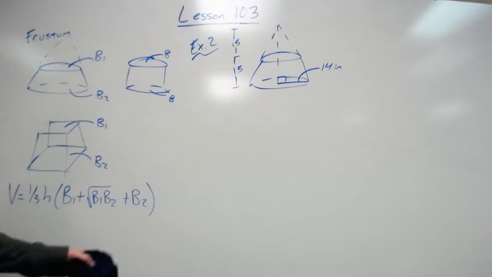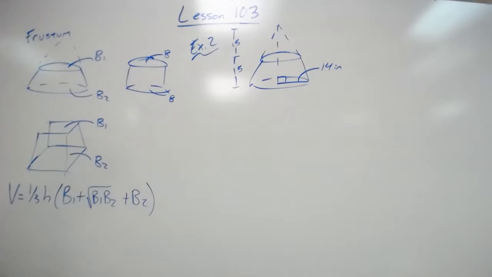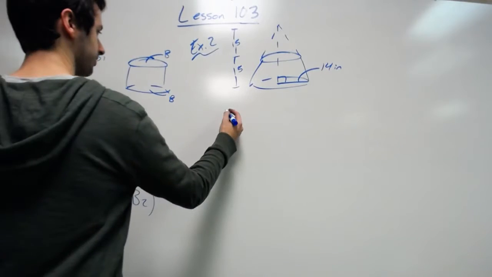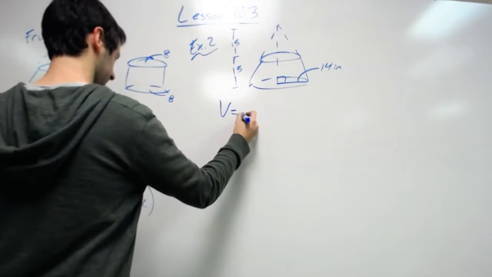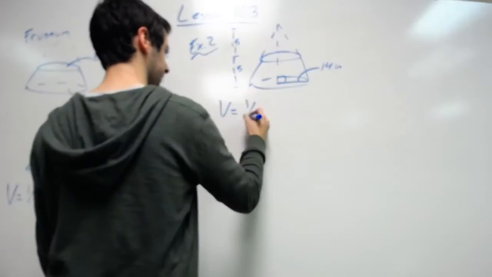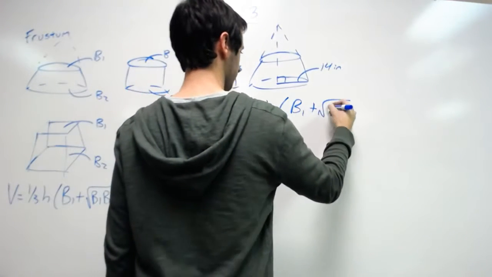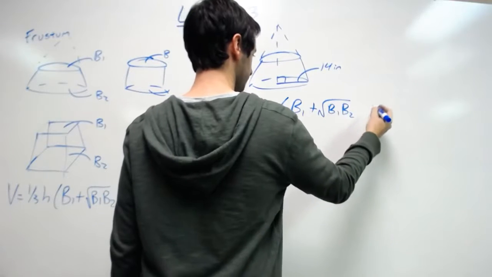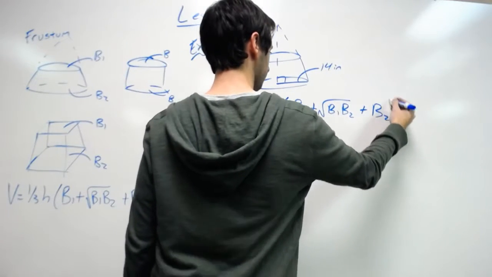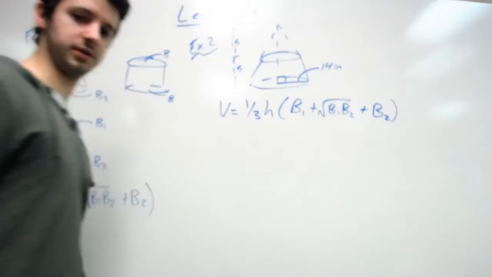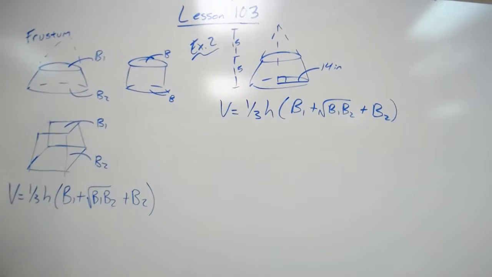So let's look at an example. Example 2 wants us to find the volume of this frustum. So I'm going to rewrite the formula: 1/3 h times b1 plus the square root of b1 b2, base 1 base 2, plus the second base, is equal to volume.